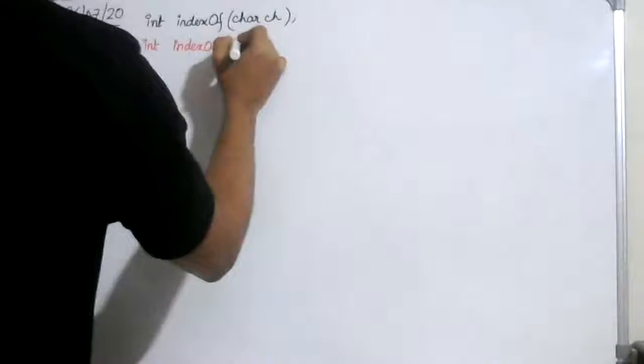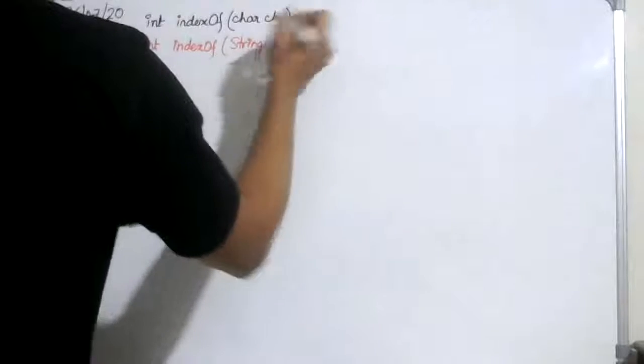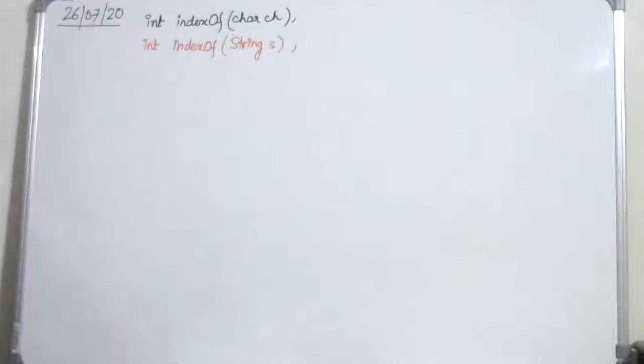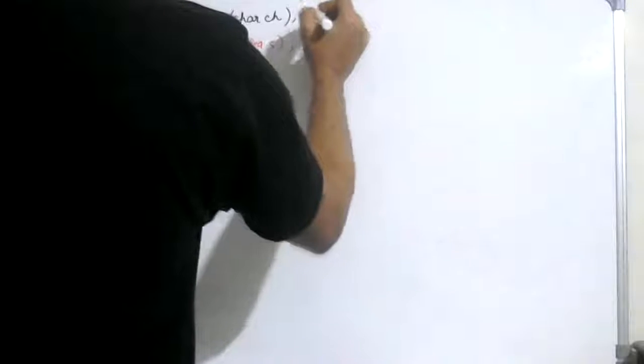We generally do not use that, but for the sake of knowing, I'm telling you this. So it can take a string as an argument. Also, it has two variations of these two.